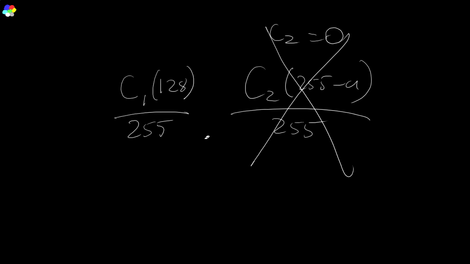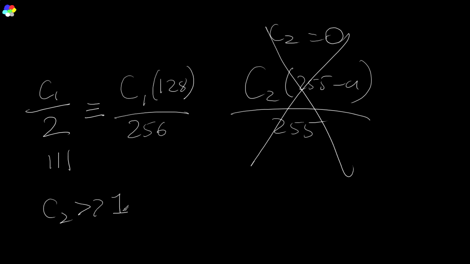Now, if we revert our equation back to the form we have, 128 divided by 256, multiplying by 128 and then dividing by 256 is identical to dividing by 2, which is identical to shifting right by 1.